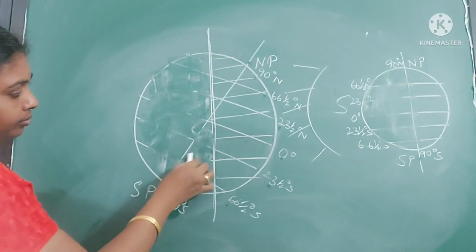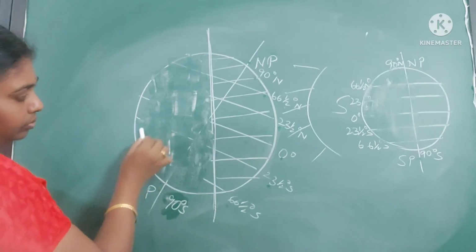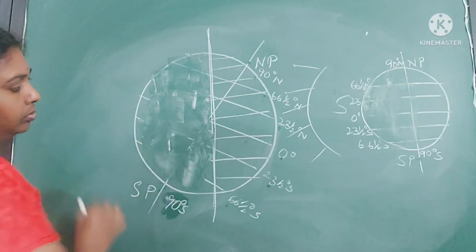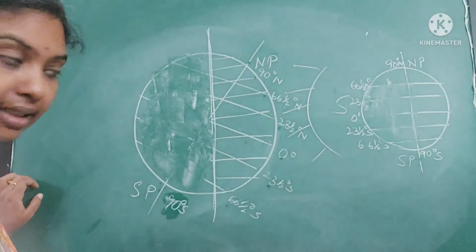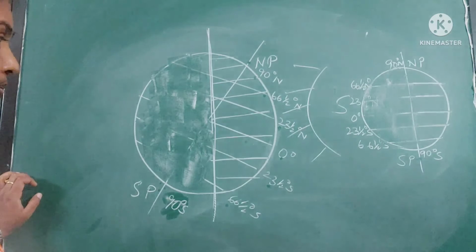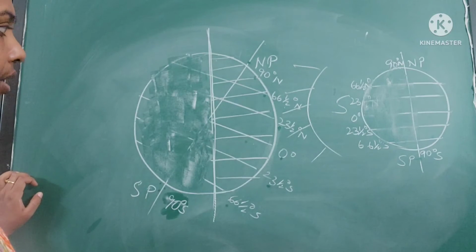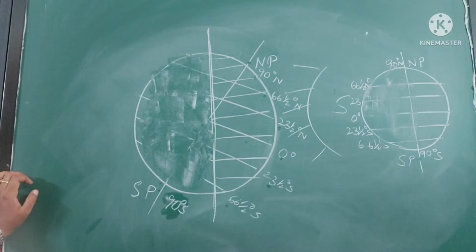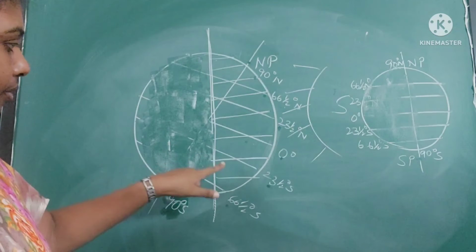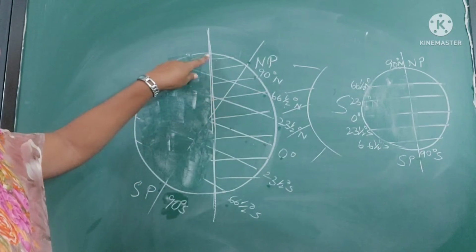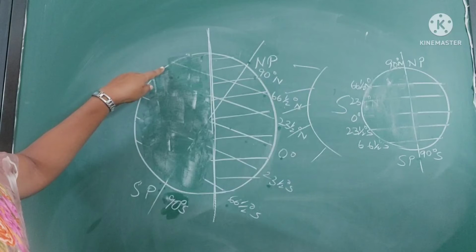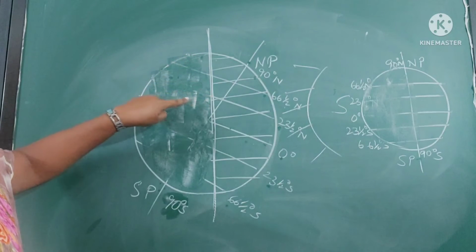Some parts of the northern hemisphere are dark and some parts of the southern hemisphere are bright. See here, in the northern hemisphere we are getting darker parts.